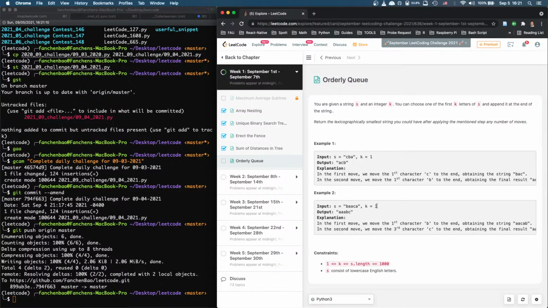I can reach AAACB. Yes, so it is possible to reach a different configuration. So it's not just the first three. You also have to think about how the remaining can work. Interesting. Very interesting.